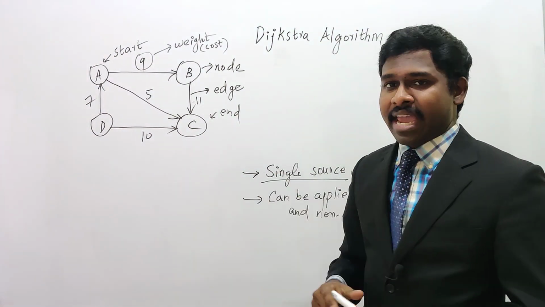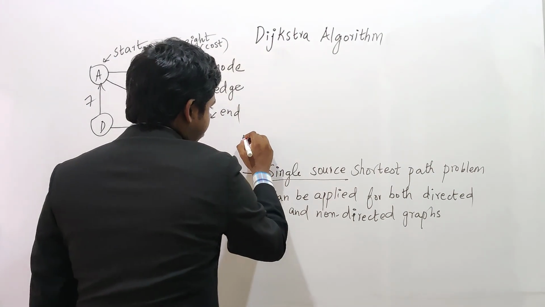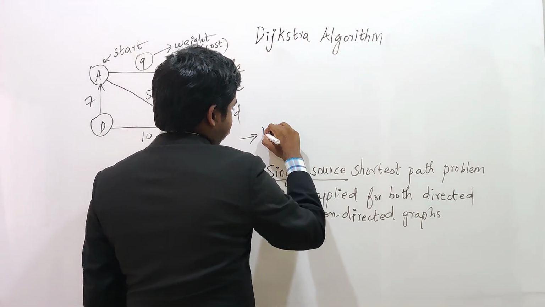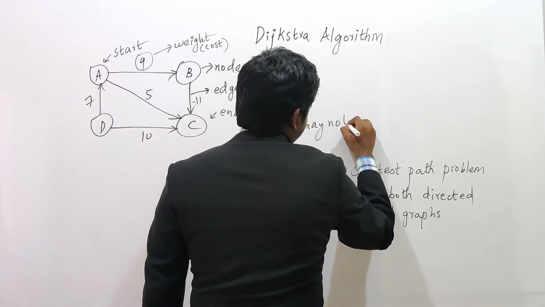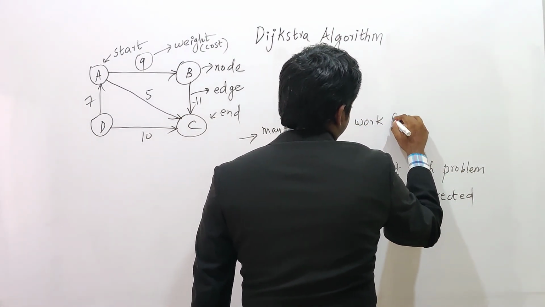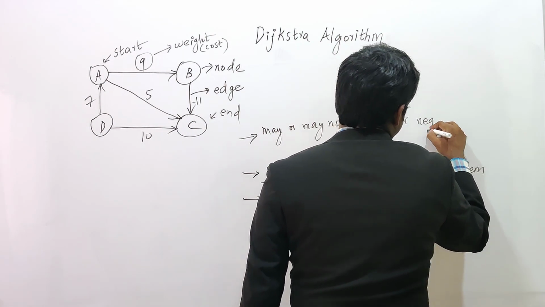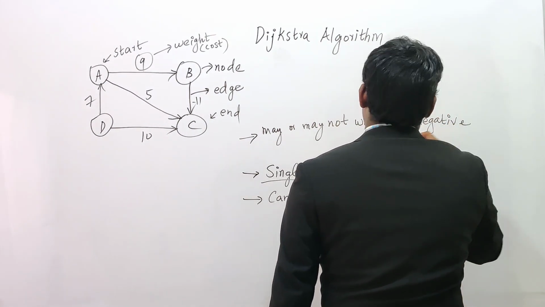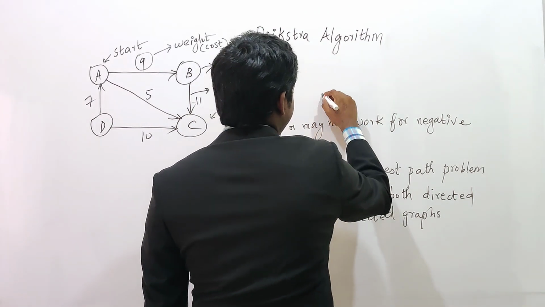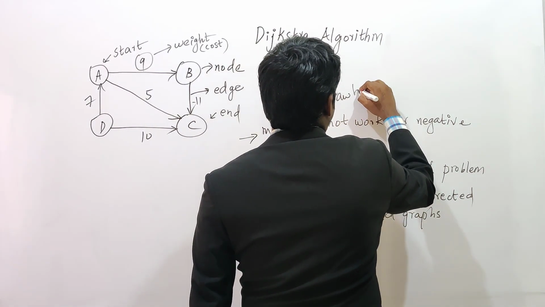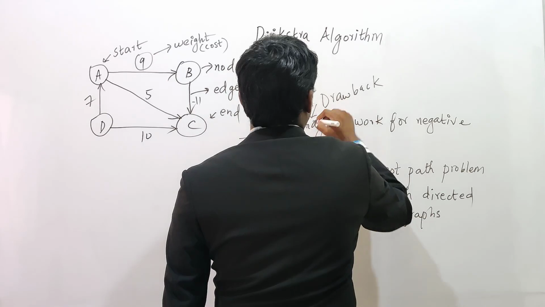So it may or may not work for negative weights, okay? So this is basically the drawback of this particular algorithm.